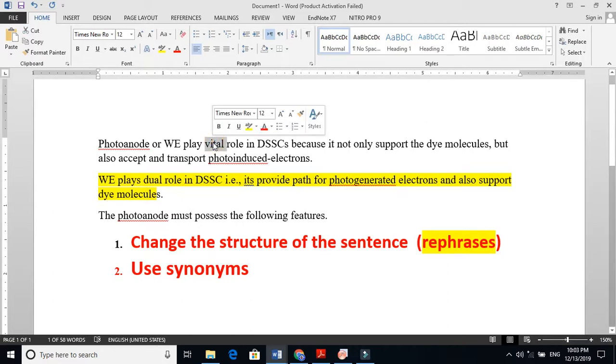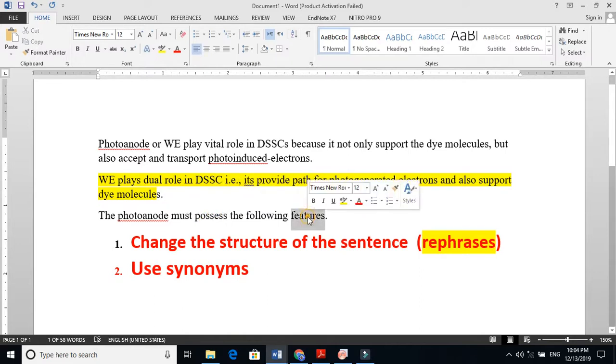So instead of vital you need to write important. So use synonyms, instead of vital you write important. And these are the kind of things. And support, you can also change this. For example, the photo unit must possess, must have the following characteristics. Features mean characteristics. This is use synonyms. So basically this is rephrasing the sentence.